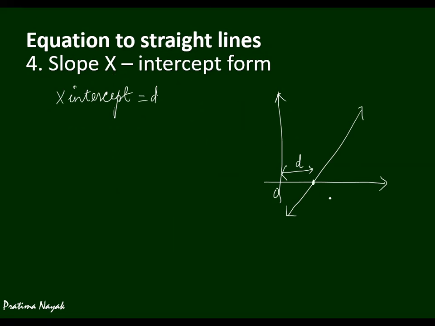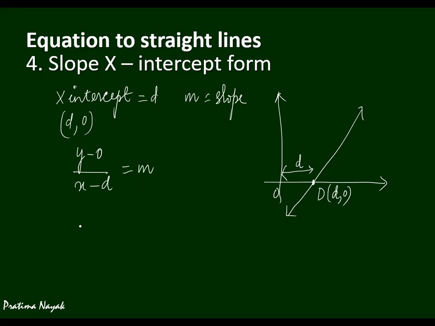So this point is your d, its coordinate is (d, 0). So m is the given slope and the point is (d, 0). So what is the equation in slope point form? y minus 0 upon x minus d is equal to m, or y is equal to m into x minus d.